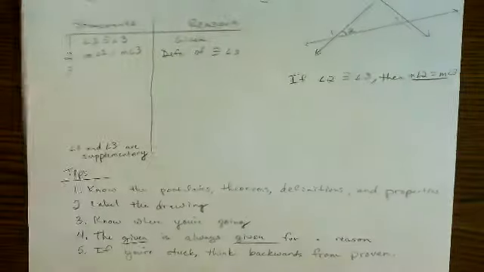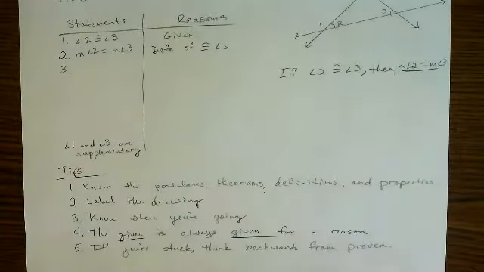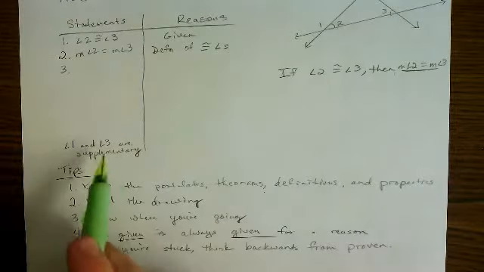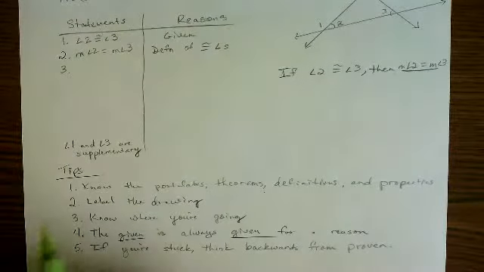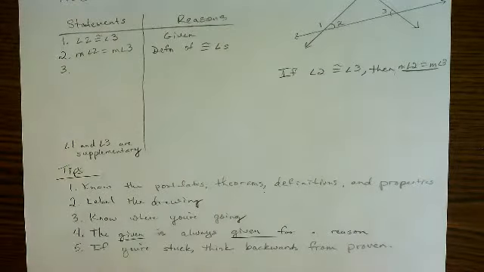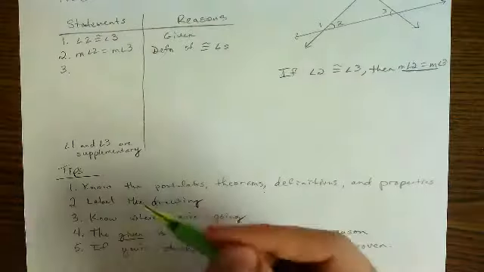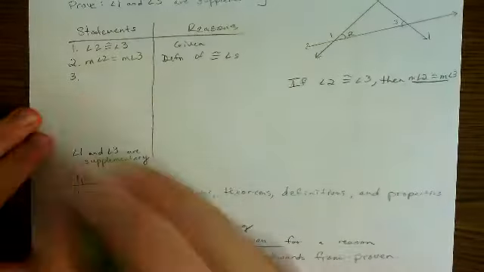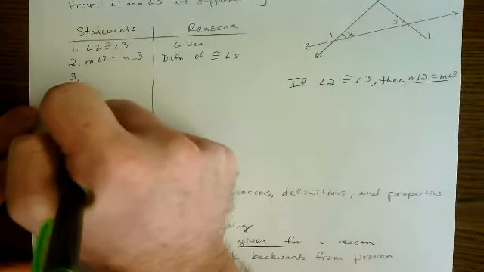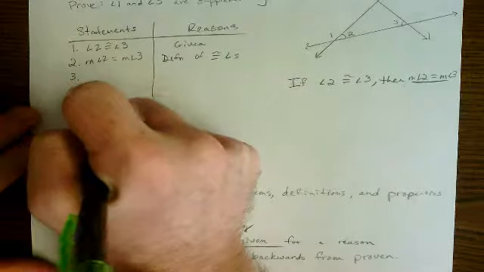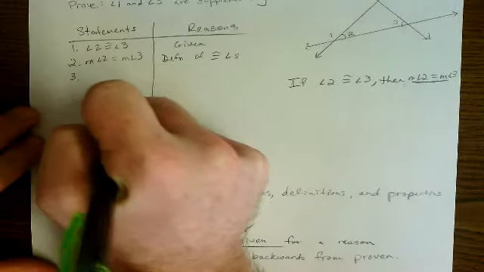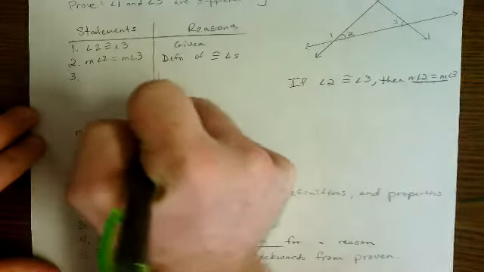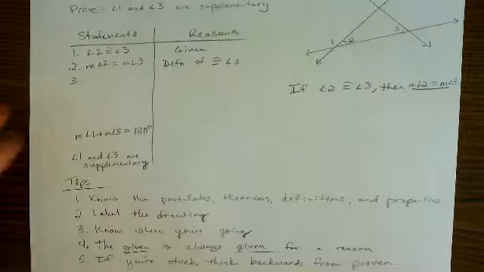If I'm trying to prove angle 1 and angle 3 are supplementary, I'm probably going to have to say along the line somewhere that angle 1 plus angle 3 are equal to 180. That was my definition of supplementary, right? So I'm going to go up a step, and I'm going to have to say that these two add together equals 180. So I'm kind of working backwards.